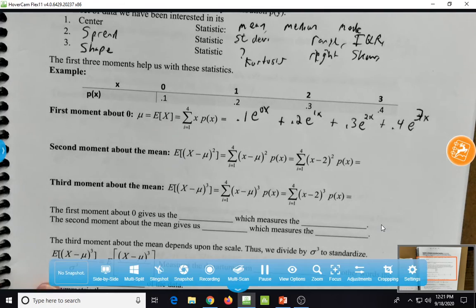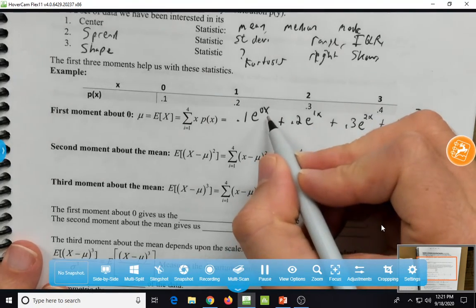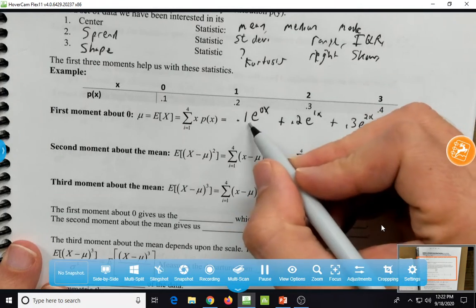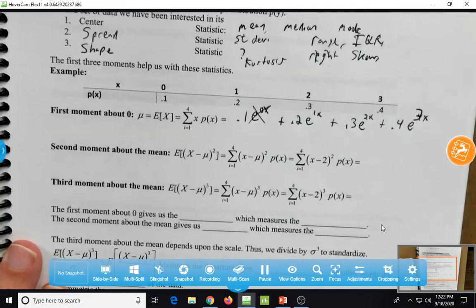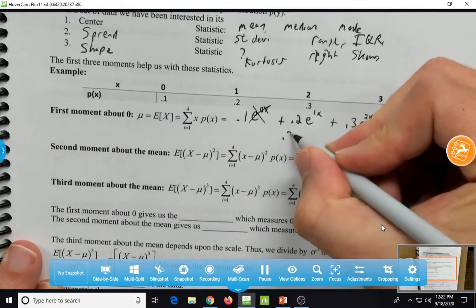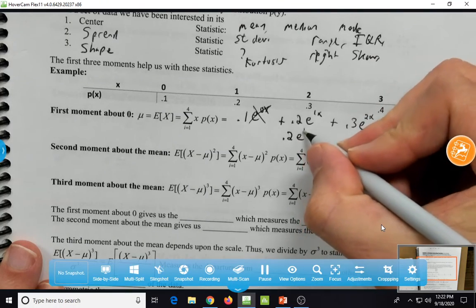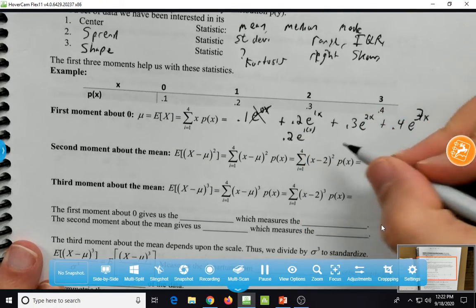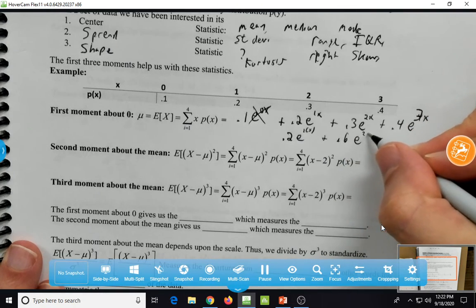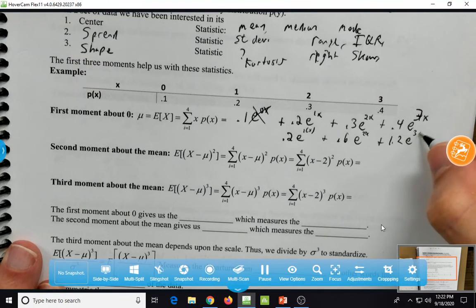Now, let's take the first derivative of this. Well, first of all, this is just a constant. I'm just going to throw that away. Here, if I take the derivative, I'm going to get 0.2 e to the 1 times x plus 0.6 e to the 2x plus 1.2 e to the 3x.